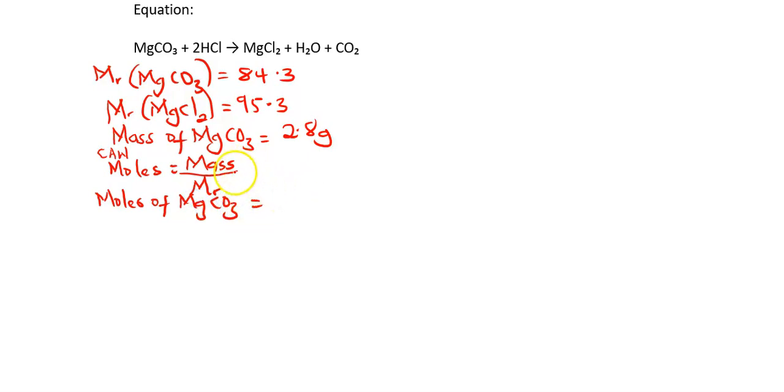We do that by substituting the values for mass and relative formula mass. That would give us 2.8 grams divided by 84.3. If you use your calculator, you would arrive at 0.0332.